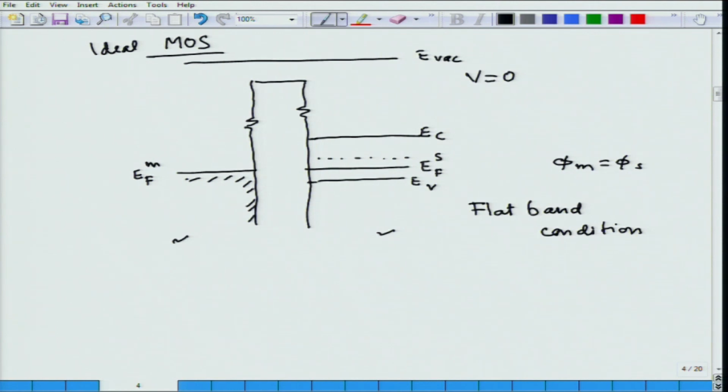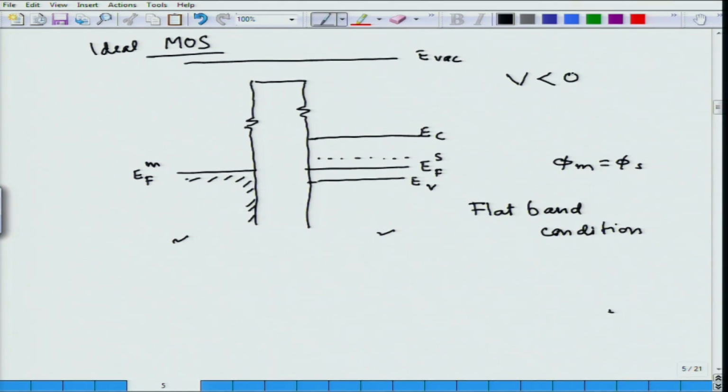Now, I would like to see the situation if I apply a bias to it, because as I said, in each case I can look at the equilibrium situation and see what happens. So, let us look at the condition of applying a bias in which I am going to start with a voltage which is negative, voltage less than 0.